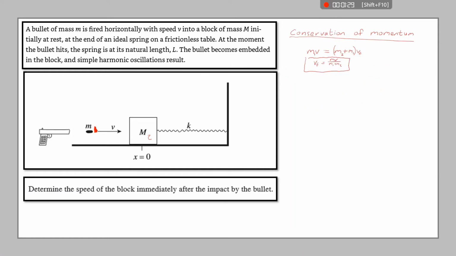With my conservation of momentum, I had mass times velocity for the bullet. And then when I hit the block, I'll have both masses together with their final velocity. So my final velocity at the moment this hits the block is going to be mv divided by m2 plus m1.